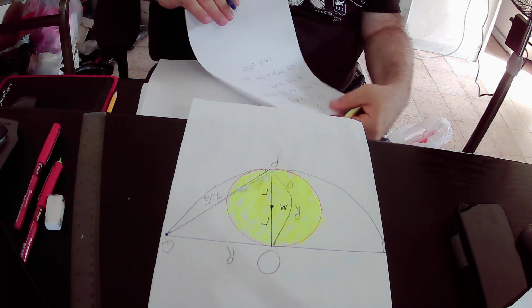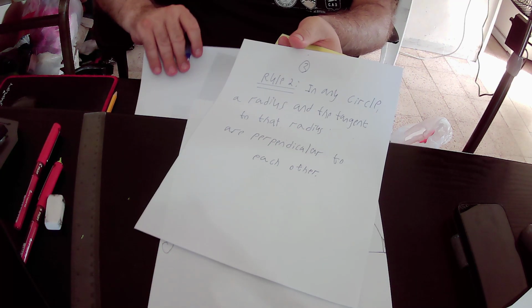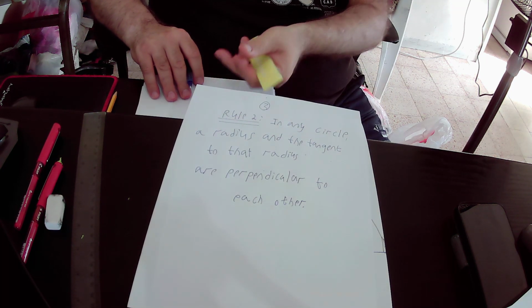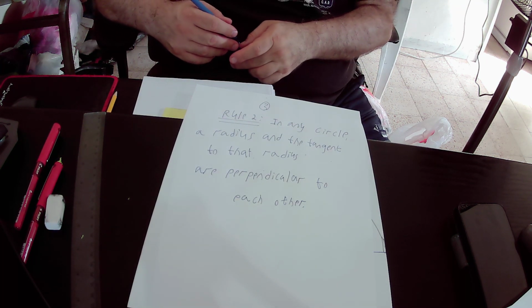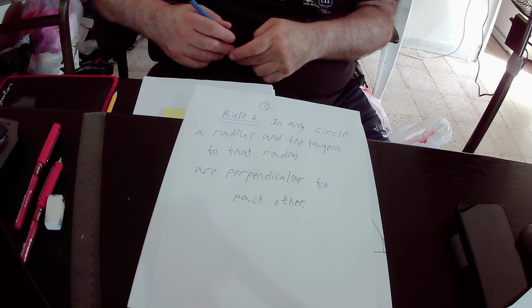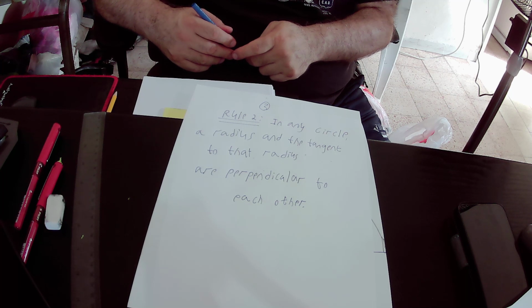I will read rule number 2 again: in any circle, a radius and the tangent to that radius are perpendicular to each other.